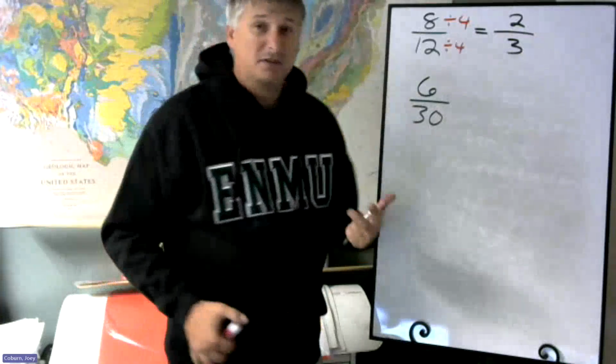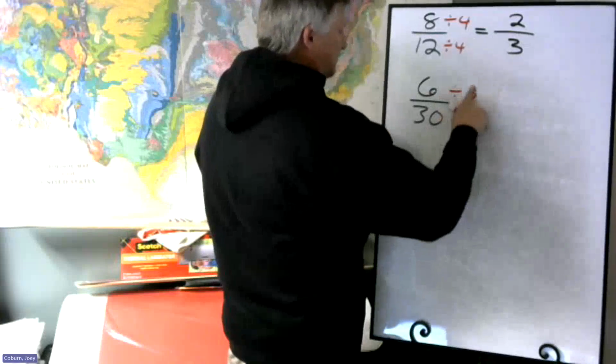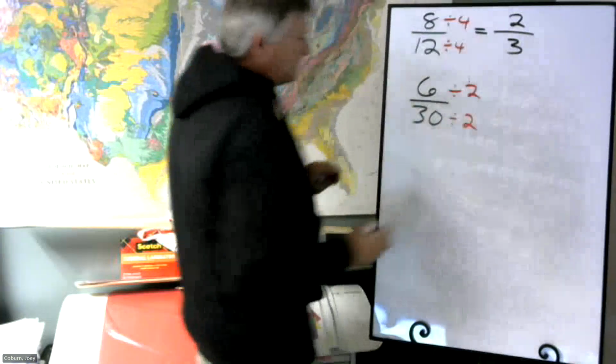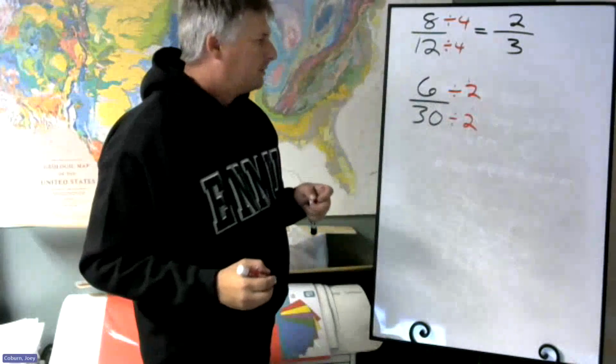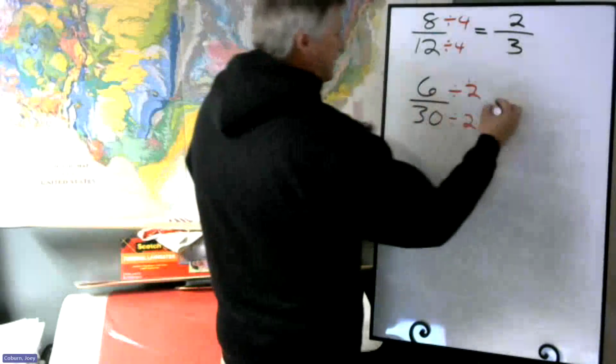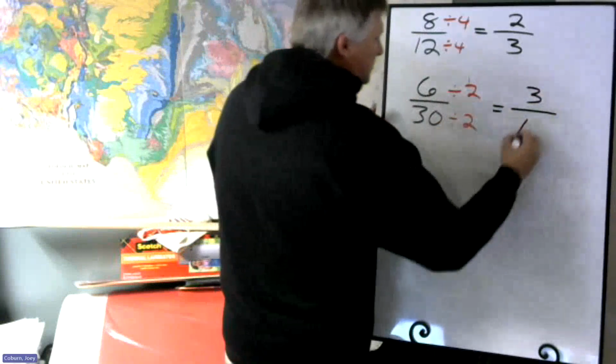Well, these are both even numbers. So the number 2, well, number 3 would work also. But because they're even numbers, I know that 2 goes into both of them evenly. So 6 divided by 2 is 3. 30 divided by 2 is 15.